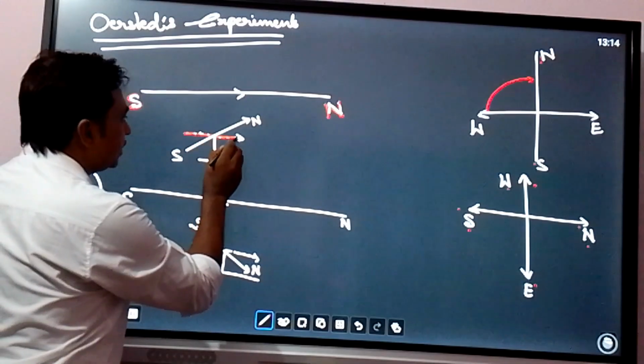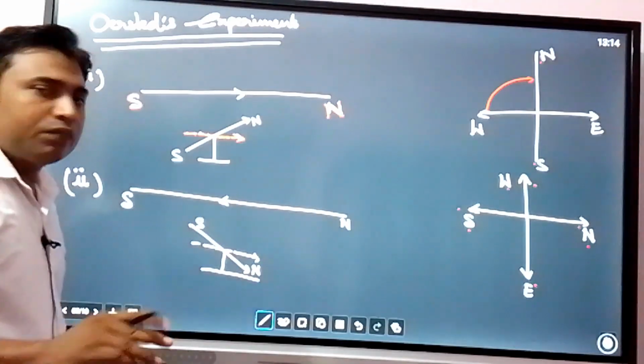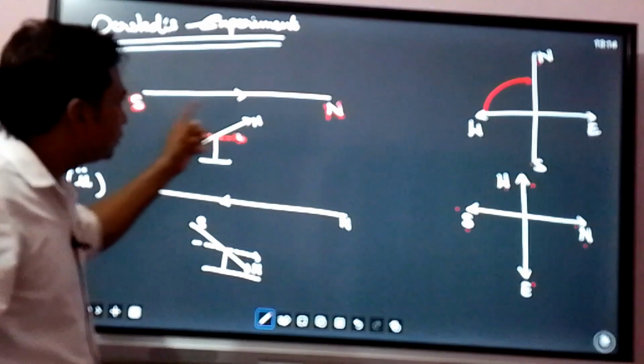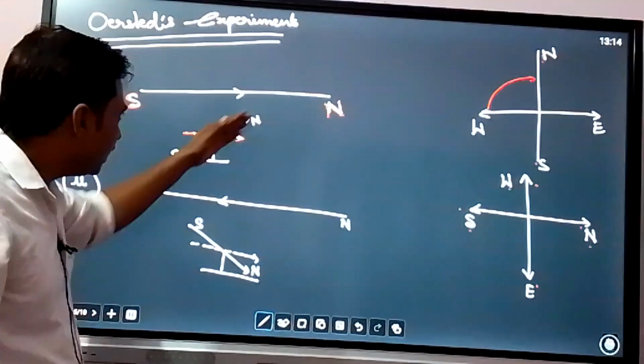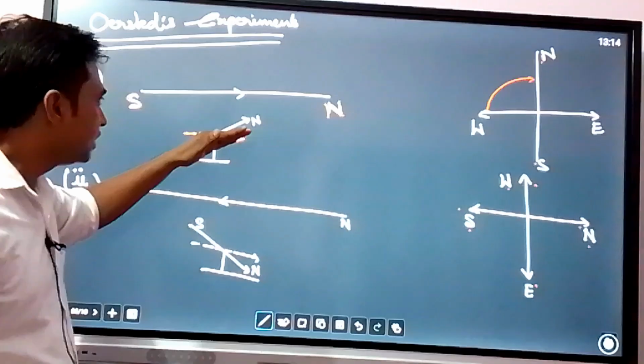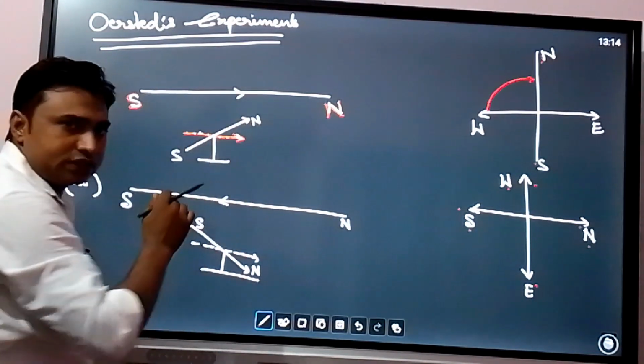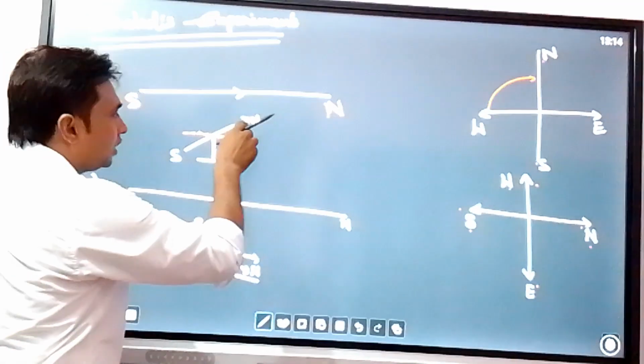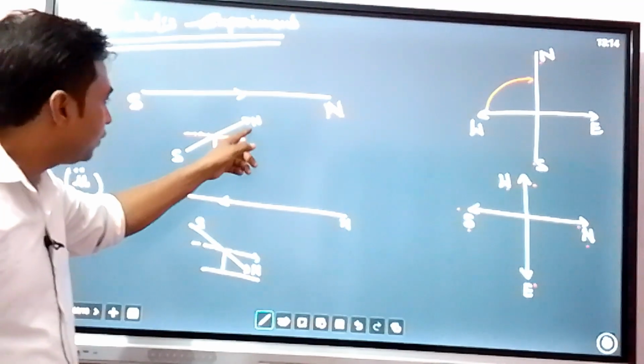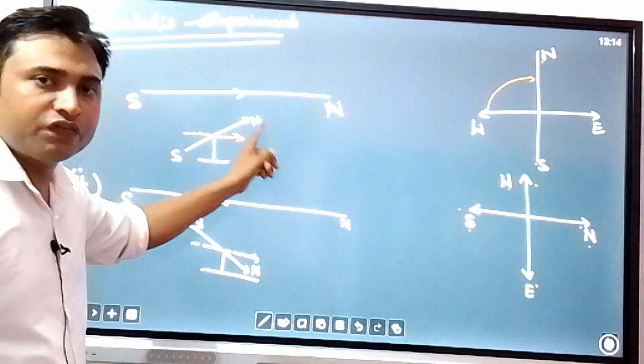This is the original direction of the magnetic needle. But when the current flows from south to north, it shows deflection. Means this north pole gets deflected towards the west direction.